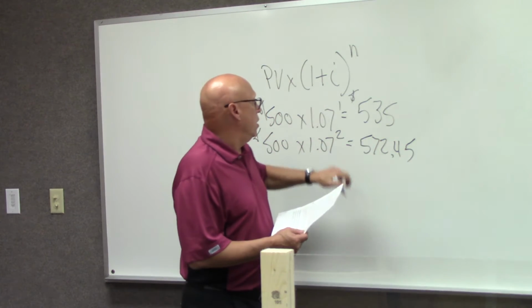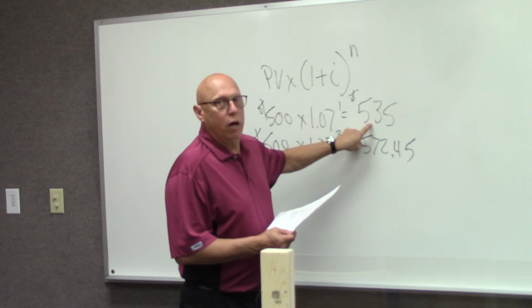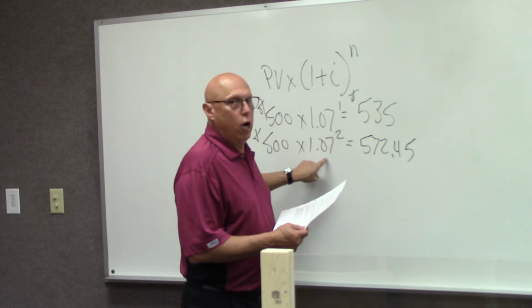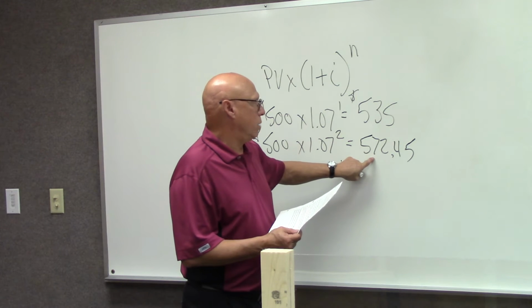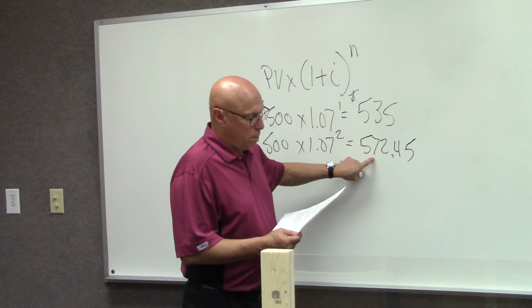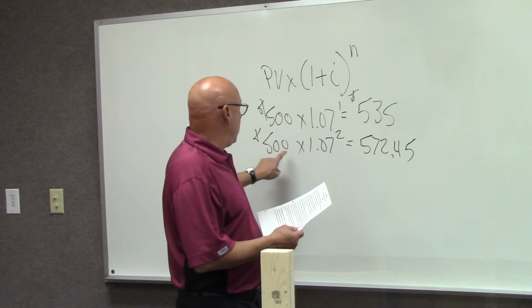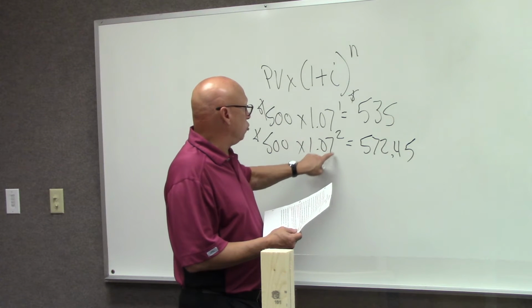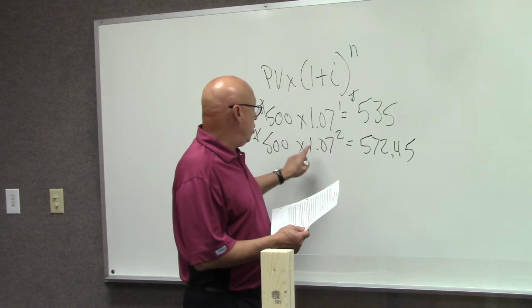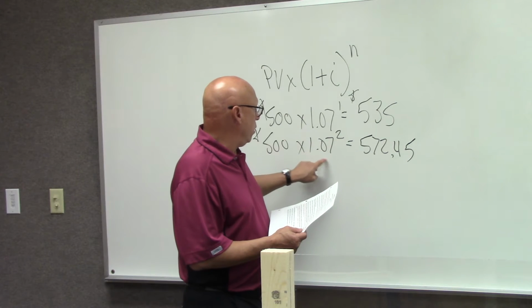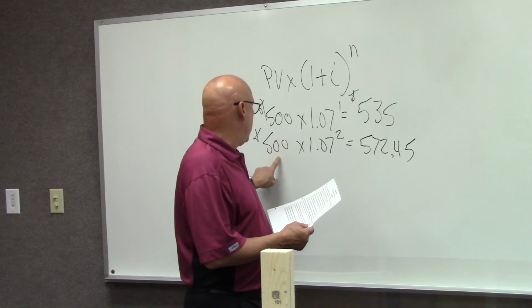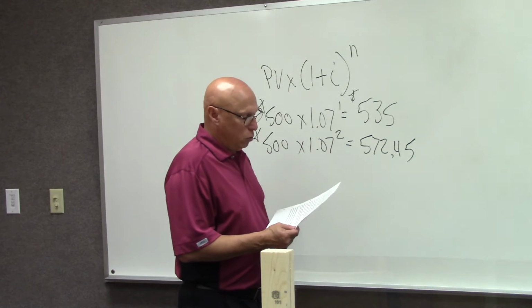And if you take $535 times 1.07, you get $572.45. So the beginning amount times 1 plus the interest rate raised to the end. Now you have to do this first, 1.07 raised to the second, times the beginning amount equals your ending amount.